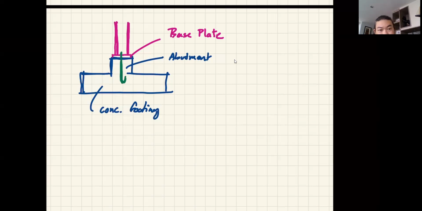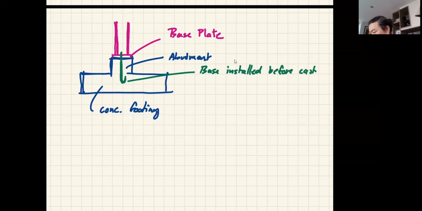And when they have the J bolt over here, they would best install it before casting. So it's there when you cast the concrete.